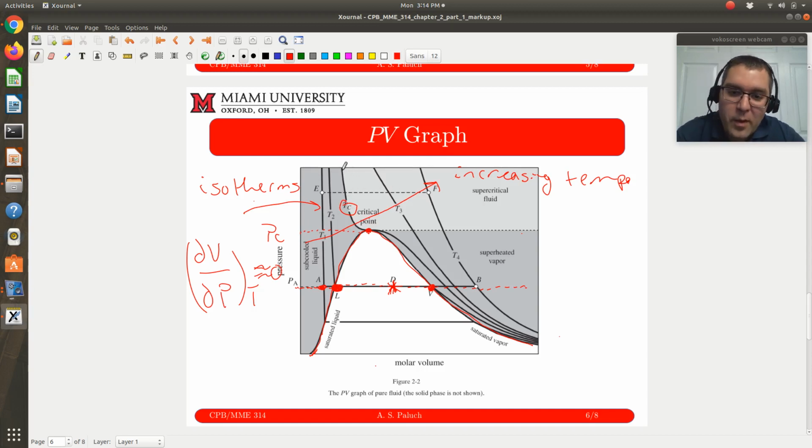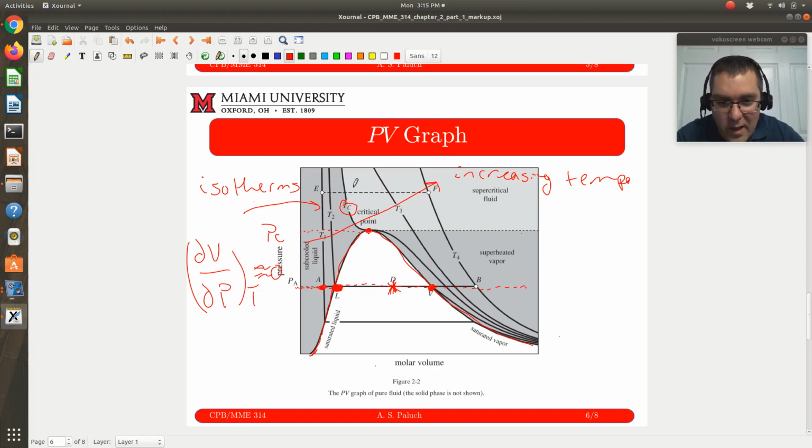If I follow my critical isotherm, at the critical point, first I see that my first derivative is 0.